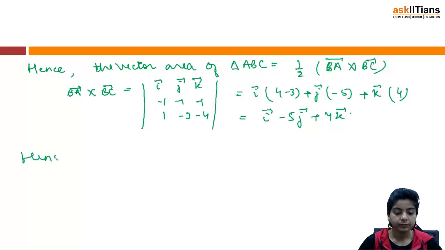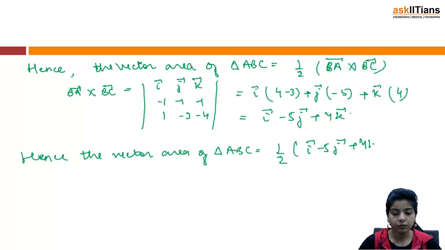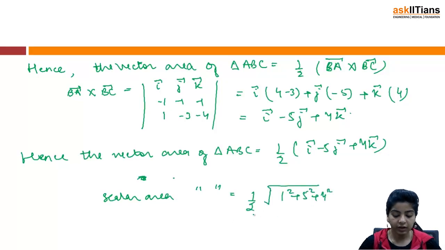Hence, the vector area of triangle ABC is equal to half of i minus 5j plus 4k. Okay, this is the vector area, and if you are required to find out the scalar area, then it is simply half under root of 1 square plus 5 square plus 4 square, that is half under root of 42. So this was what we were required to find out, the area of triangle ABC.